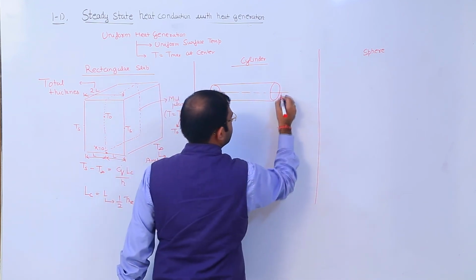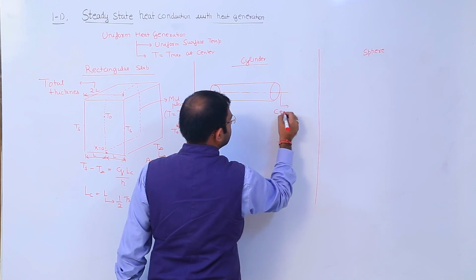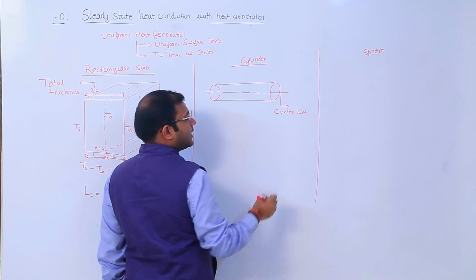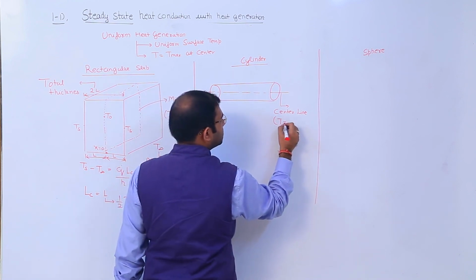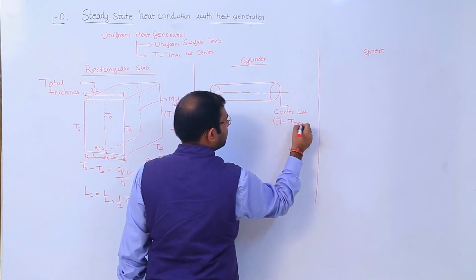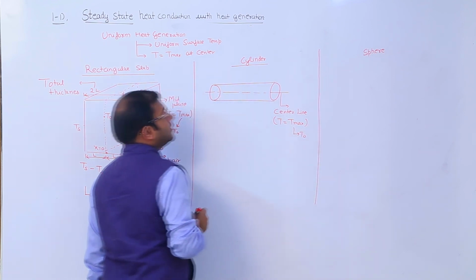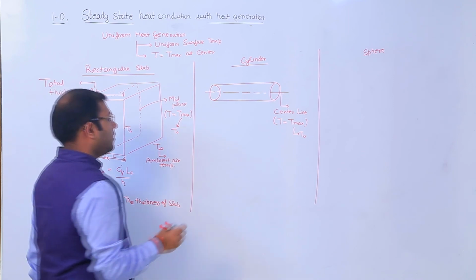this is our center line, and at this center line T is equal to T max, and it is represented by T naught. Fine.